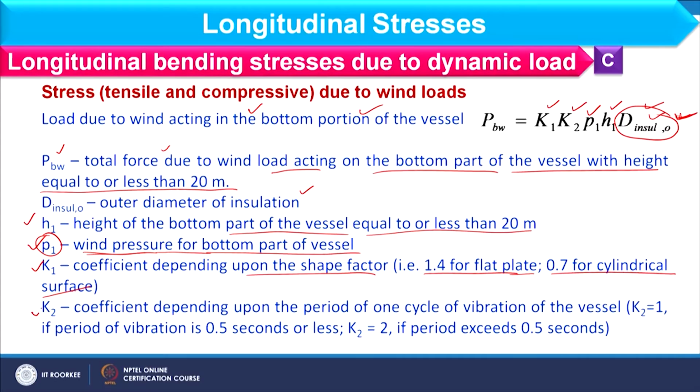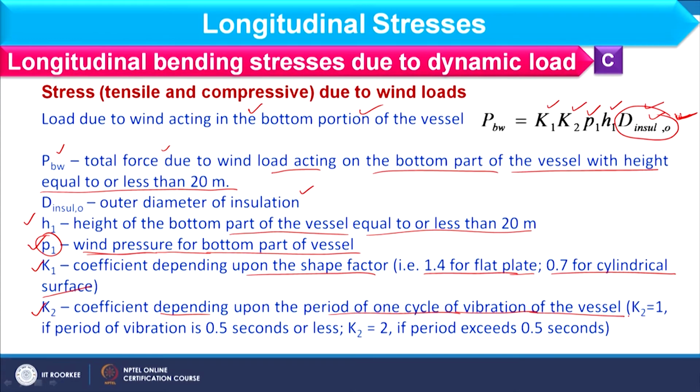Okay. Next we have the K2 factor, and this coefficient depends on the period of one cycle of vibration of the vessel. Okay. So, this we consider as the period of vibration. Because of wind action, vibrations will be there.